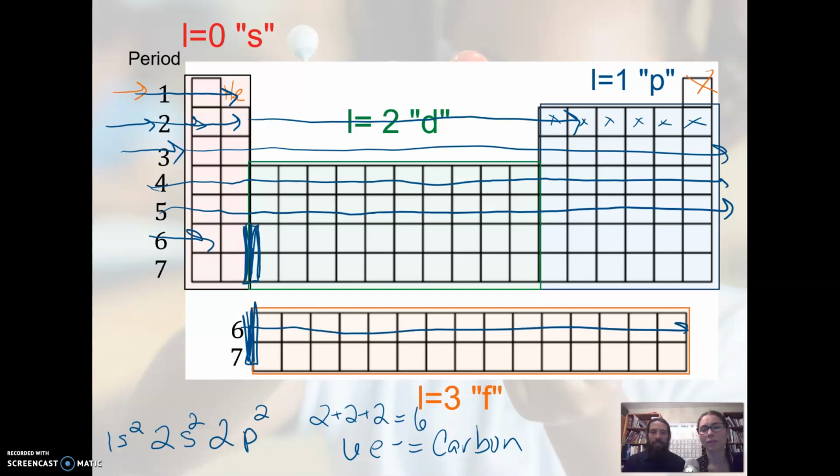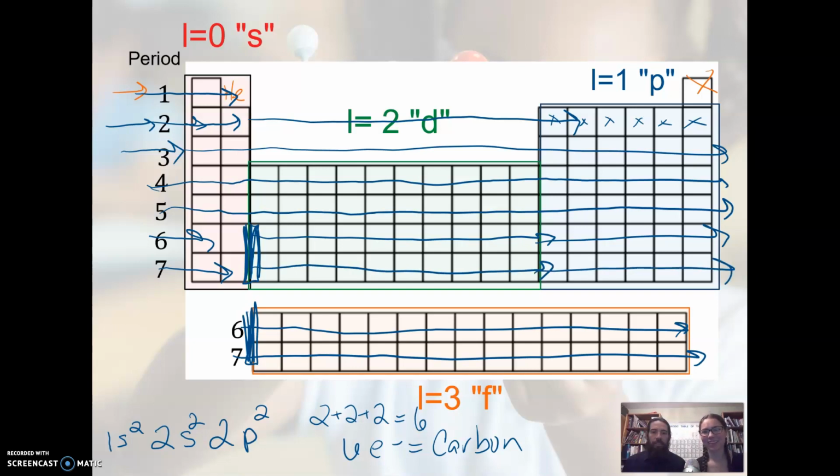Remember, these are 4f. n is period minus 2. 4f, and then we have 5d, and then 6p, down to 7s, 5f, to 6d, 7p, and that's your filling order. So you have to include all of those as you go. You end where your element ends.